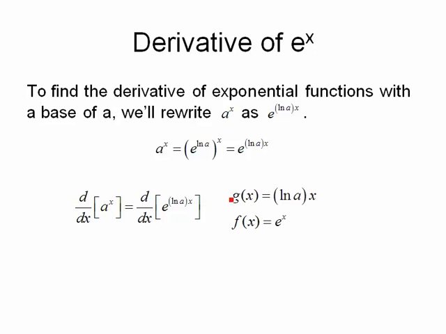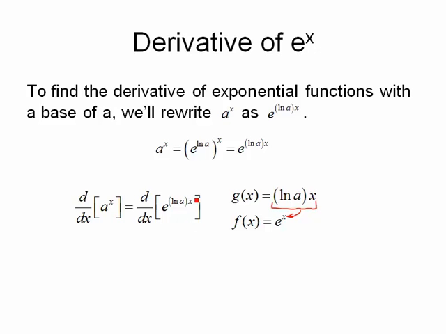So let's go ahead and use the chain rule, with g, the inside function, being ln of a times x, and f of x, the outside function, being e to the x. Notice that if I put ln of a times x in place of x, it gives me the function that I'm trying to take the derivative of.